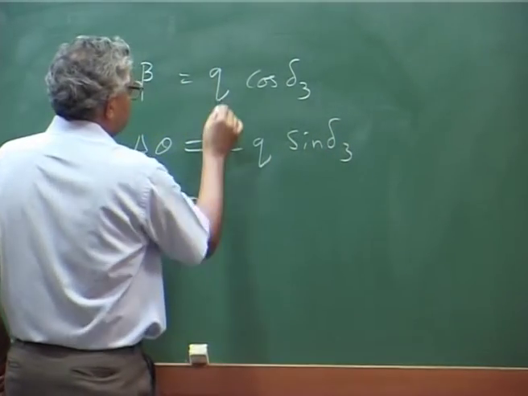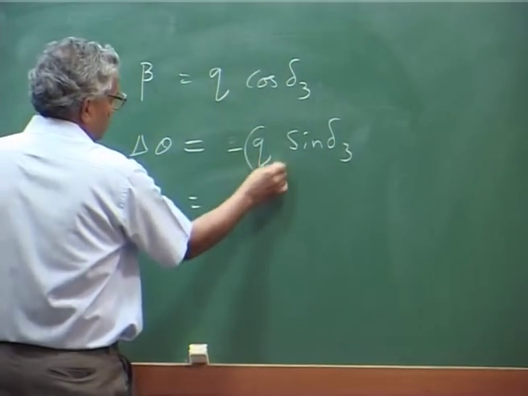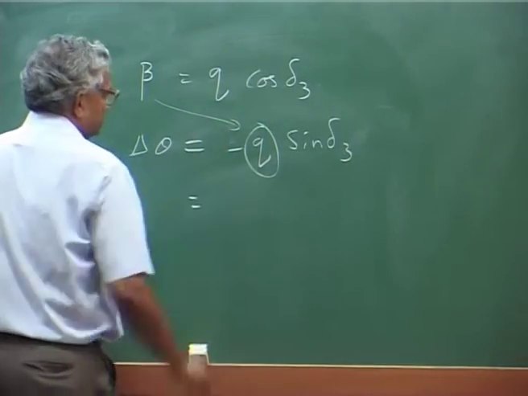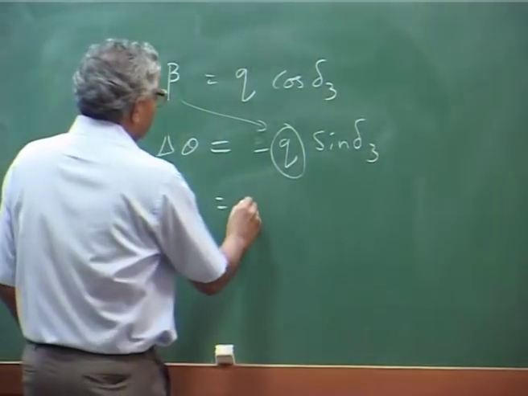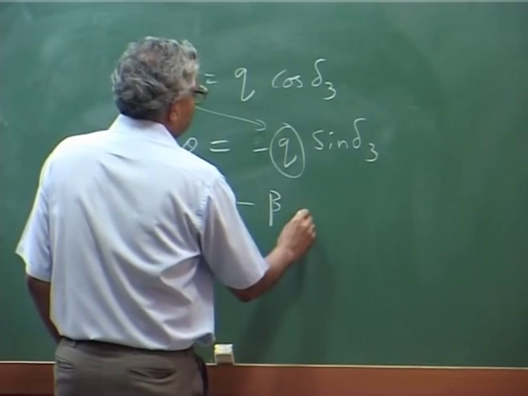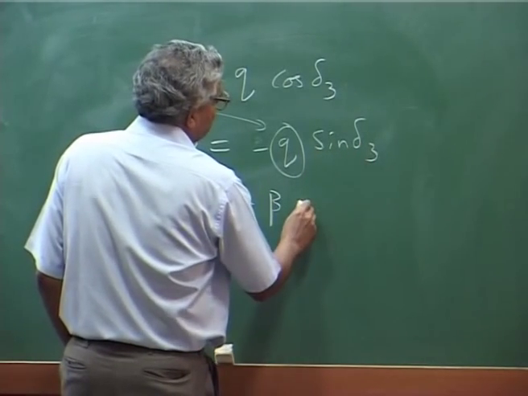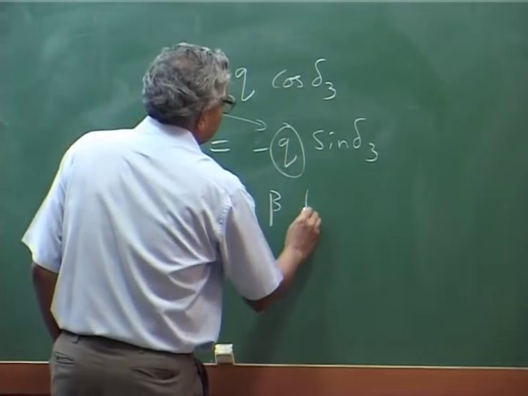Now, you replace q by beta. So, you will have minus beta sin delta 3 by cosine delta 3.